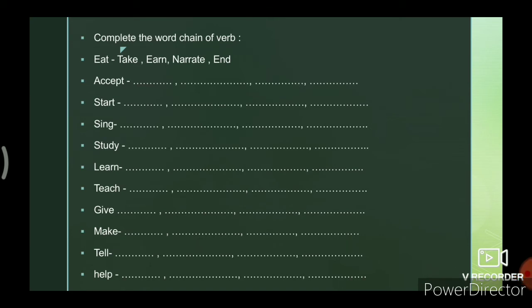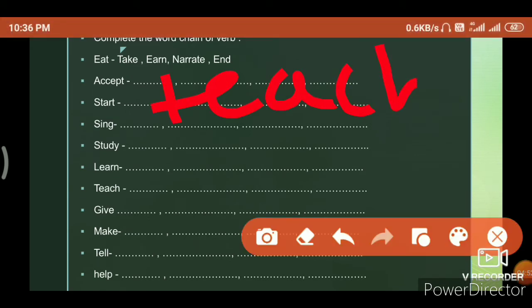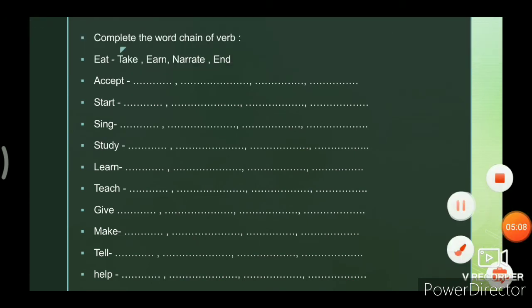Just you have to take the last letter of this word T. E-A-C-H, teach. Then the last word here, H. You have to write H-U-G, hug. G. In this way, you have to write the words, write the verbs, and get 2 marks.